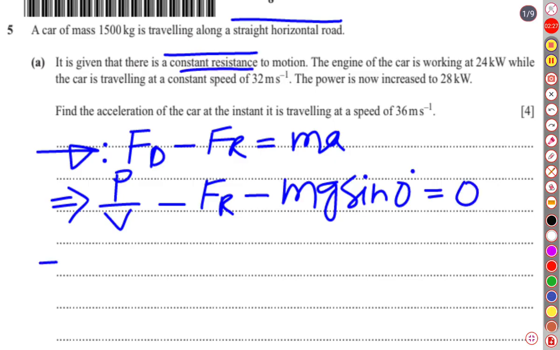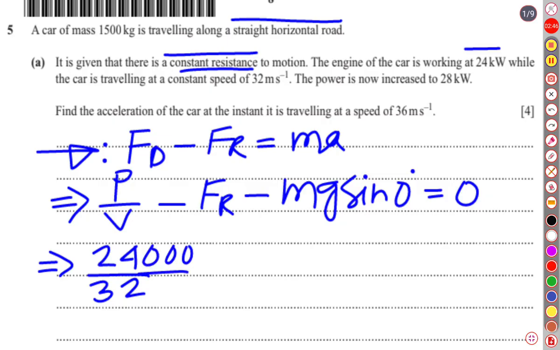And the power given first is 24 kilowatt. So let us write 24 kilowatt over velocity. Velocity was 32. 24 kilowatt means 24,000, minus our resistance to motion, and sine 0 is 0, that's why it is 0.